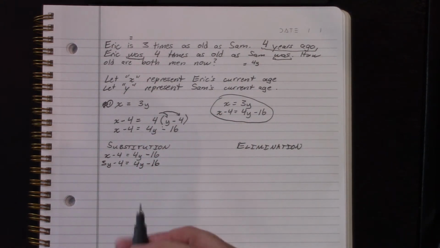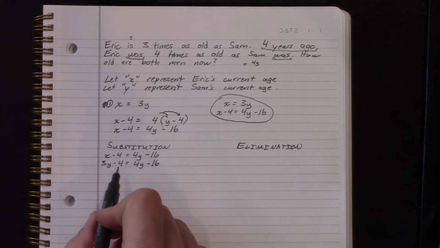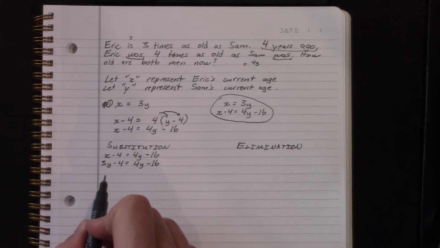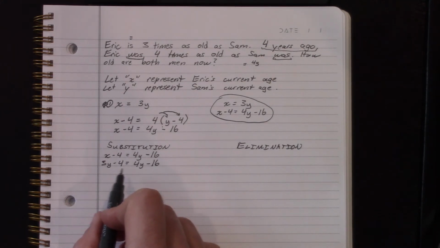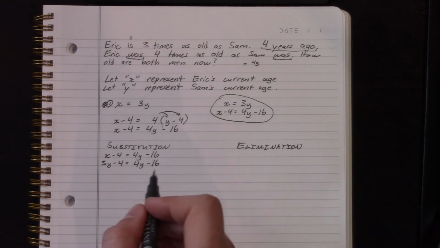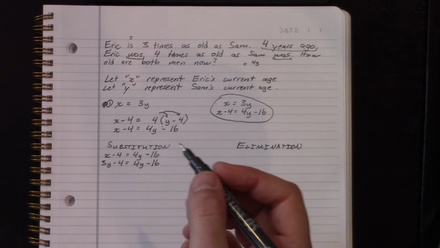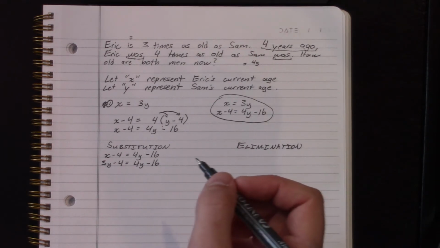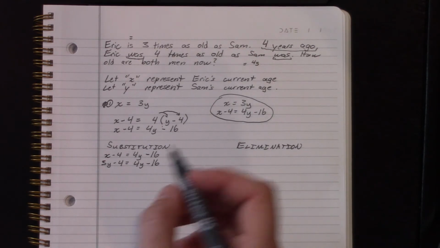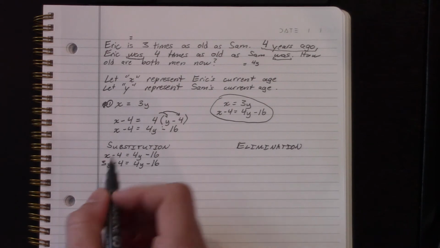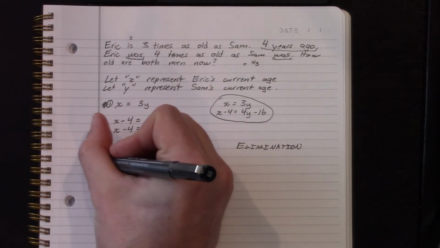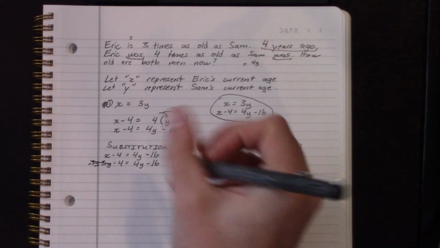Okay, so now all I have to do is get my y's on one side of the equation and my constant terms on the other side. As you guys know, if I can, I like to have a positive y term. So I'm going to subtract 3y from this side, and they'll cancel.